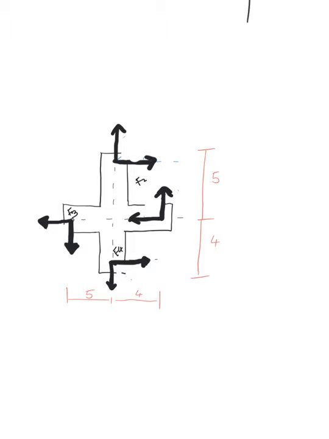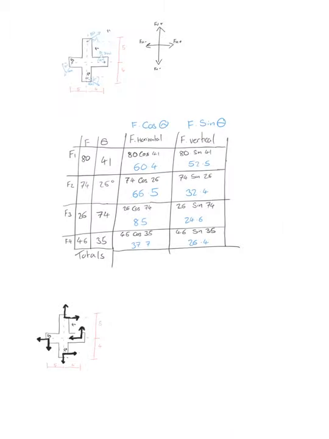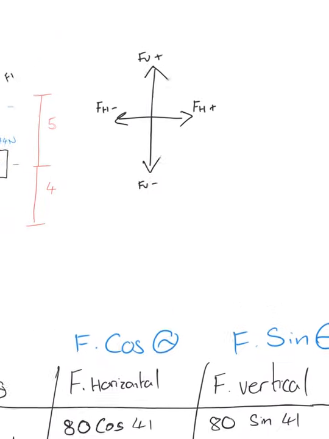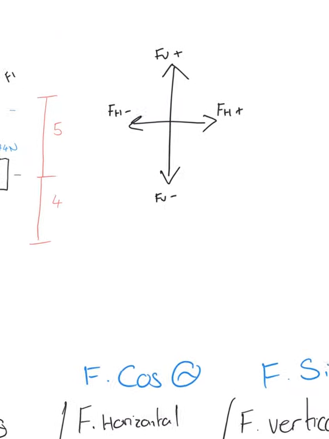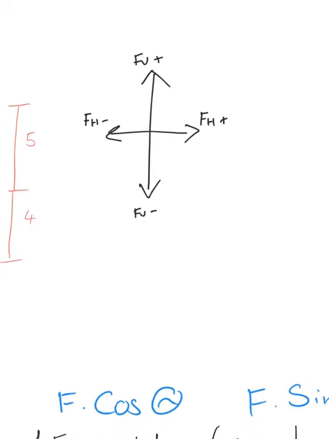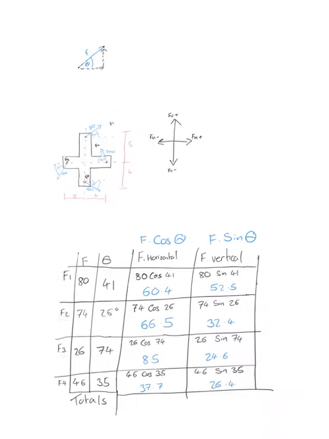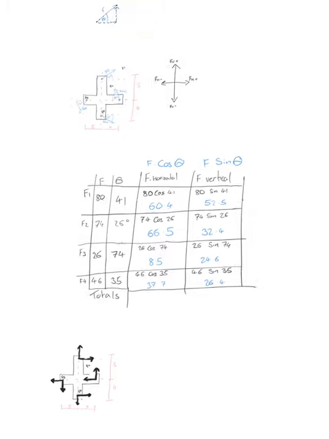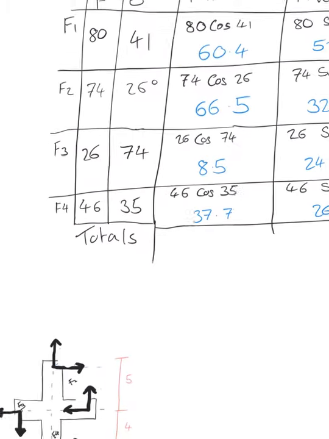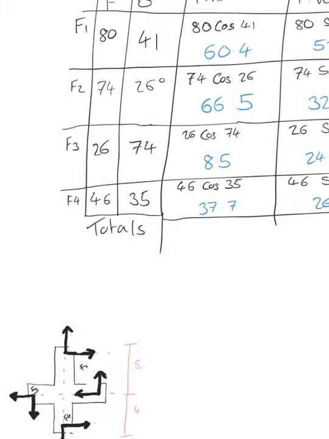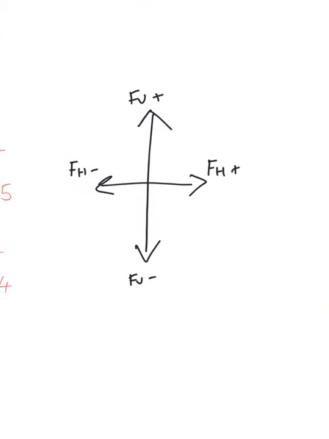So now, these are the equivalent directions of my force horizontals and my force verticals. At the very start of this question, I said any force traveling upwards I'm going to take as positive, and anything coming down is going to be negative. So I look at F1 and I see it's going up vertically and going to the right horizontally.